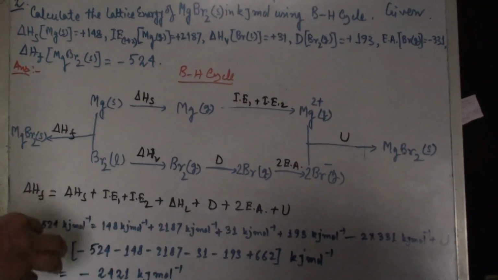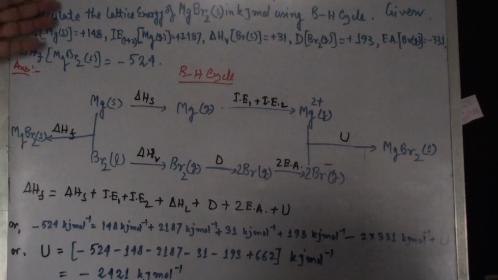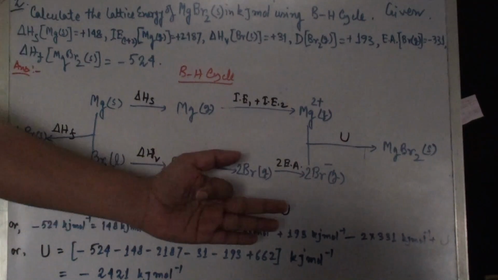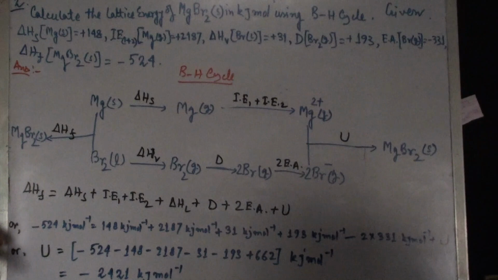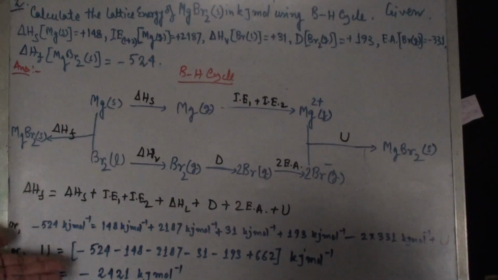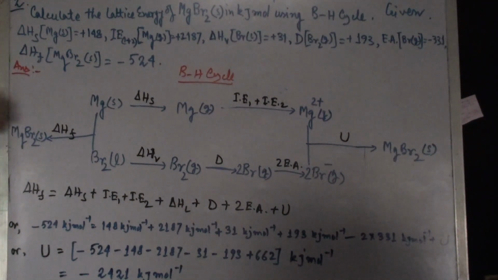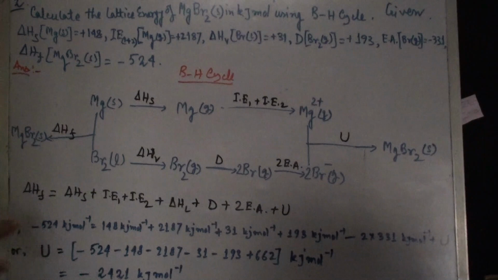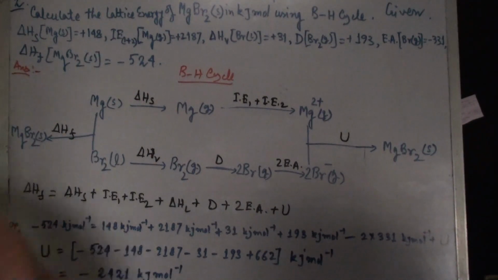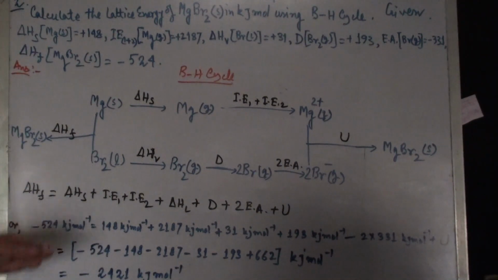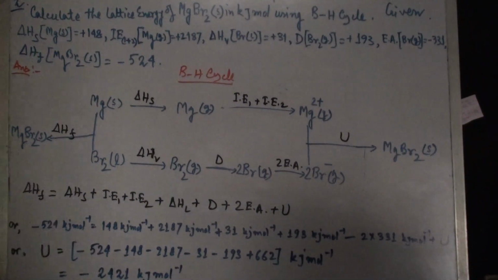Now we put the numerical data from the question as shown here and rearrange this data to find the lattice energy of magnesium bromide, and we can see the high negative value of lattice energy. That is how much stability is gained by this magnesium bromide when it is formed from its constituent ions. It is minus 2421 kJ per mole. It's a highly stable lattice.